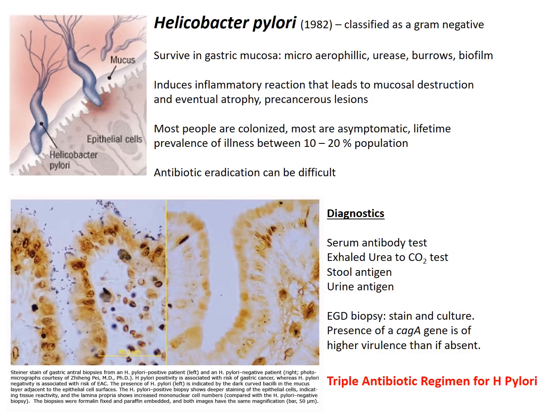There's a couple of different ways that we can test for H. pylori antigen in terms of finding it in stool, finding it in urine, doing a serum antibody test for it. An endoscopy can be done, where then a biopsy can be stained or the organism can be cultured.